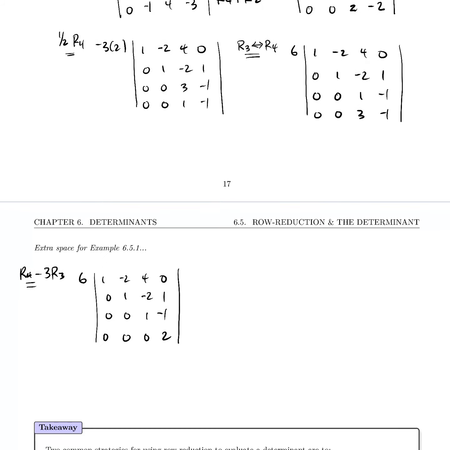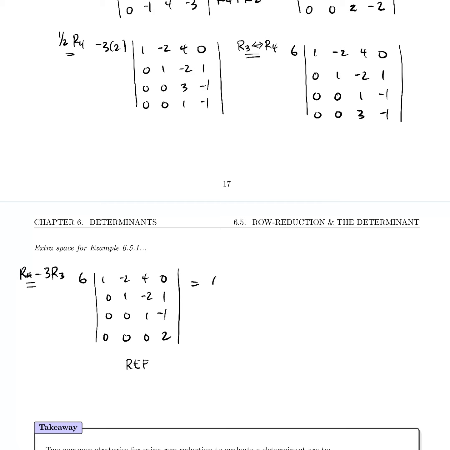Now, we could factor out, or we could now stop and say, okay, we are in REF here, but more importantly, we are in a triangular form. We're in the upper triangular form, which means that the determinant of this matrix can be taken as the product of the elements on the diagonal.